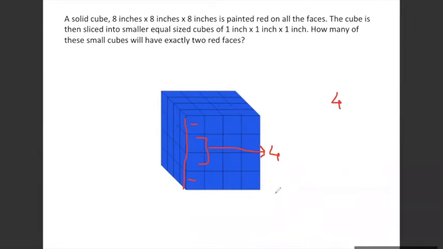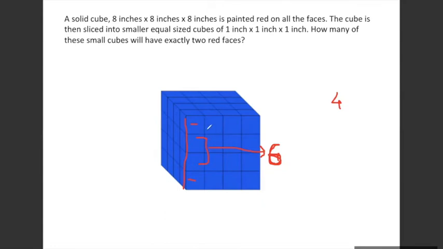Sorry, 6. Why am I writing 4? Sorry, 6. So, 6 cubes in the middle. Like the 4 by 4 has 2 cubes in the middle, the 8-inch cube will have 6 cubes in the middle and 1 on top, which is 7, and 1 on bottom, which is 8. That way it will have 8 cubes like this. Thank you so much for correcting me.